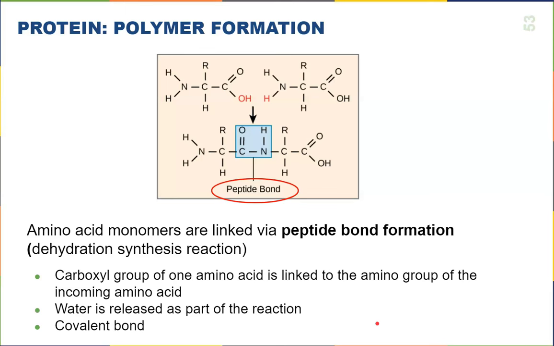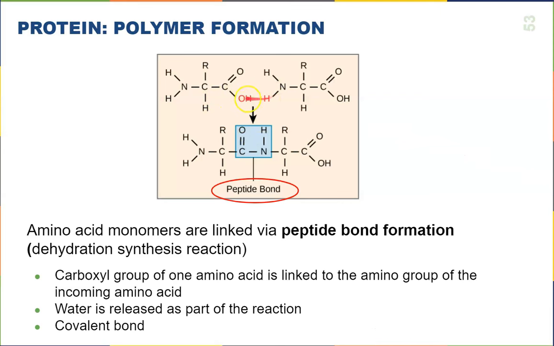All right, so we can make polymers, we can make proteins by linking the amino acids together. They're linked in what's called a peptide bond, which is a type of covalent bond. Again, this is dehydration synthesis, so water is going to be released, right?